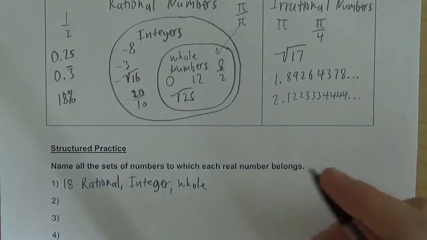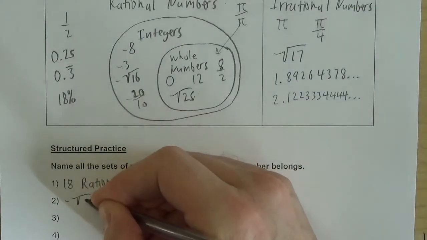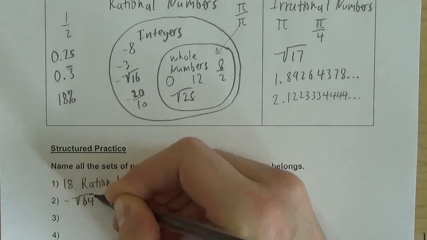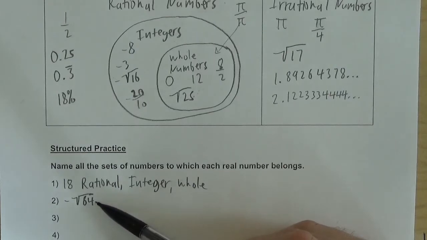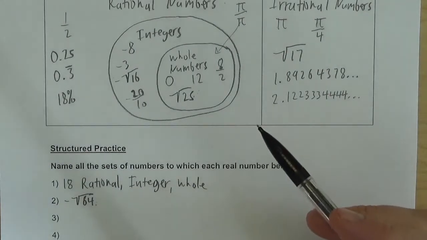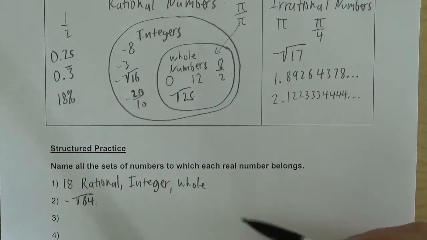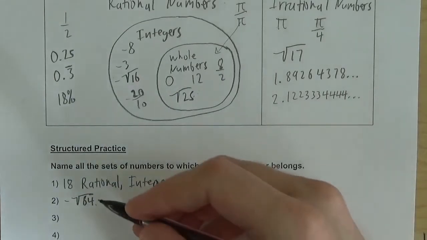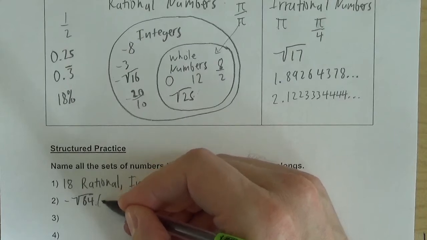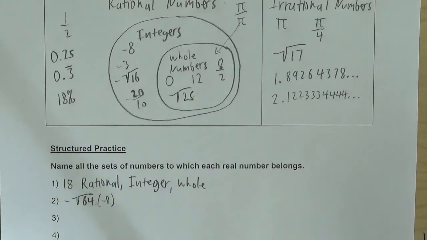Let's do another one here, like say the negative square root of 64. All right, well, we need to figure out, is there a number times itself that equals 64, a whole number? So think about that for a minute. Yes, there is. 8 times 8 equals 64. So if you evaluated this, it's the same thing as negative 8, because we keep that negative sign.